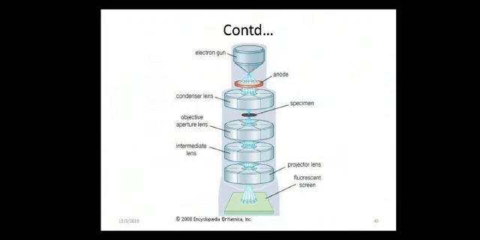Electrons are used for imaging, and the image is constructed by transmitted electrons. The thicker region will occlude more of the beam.